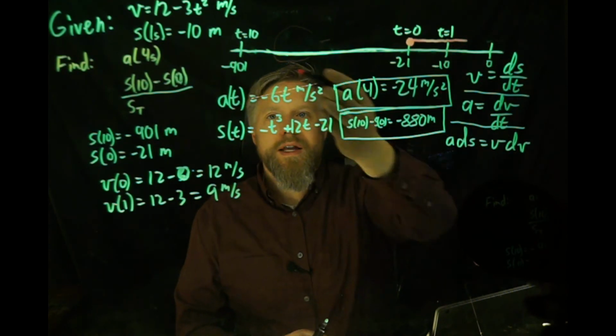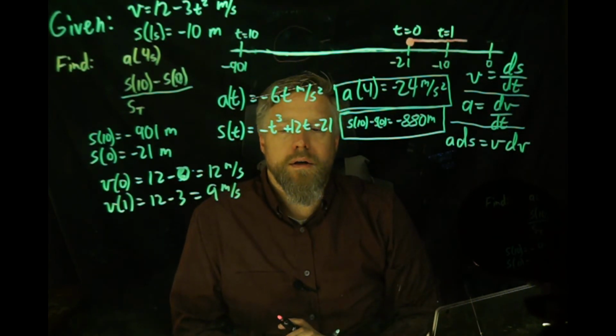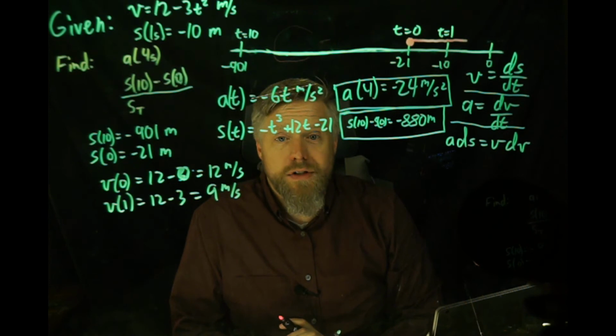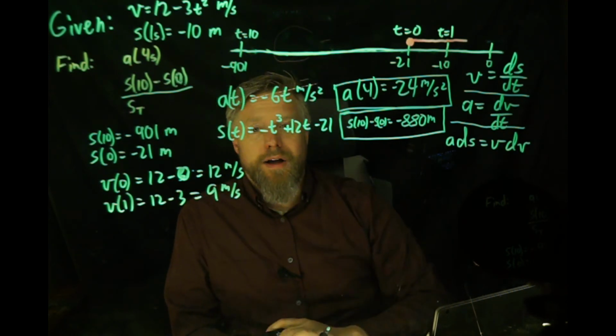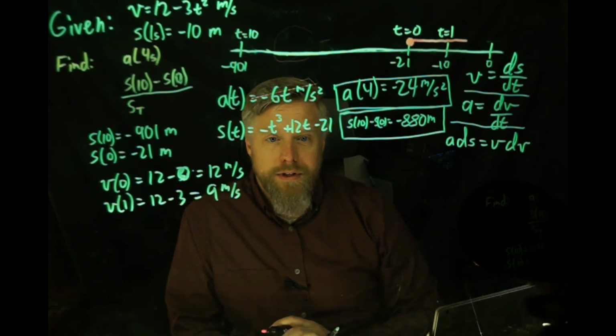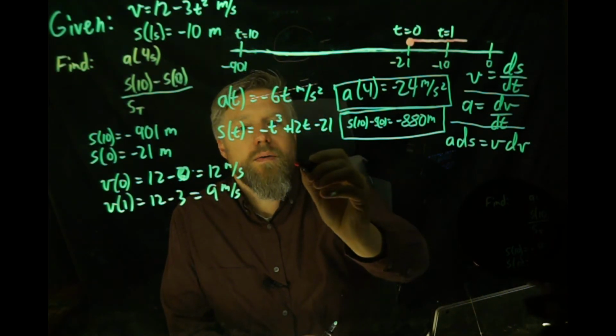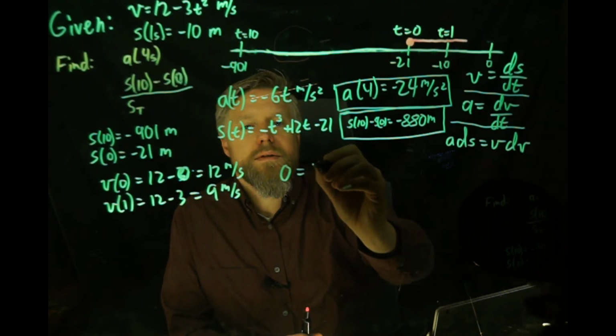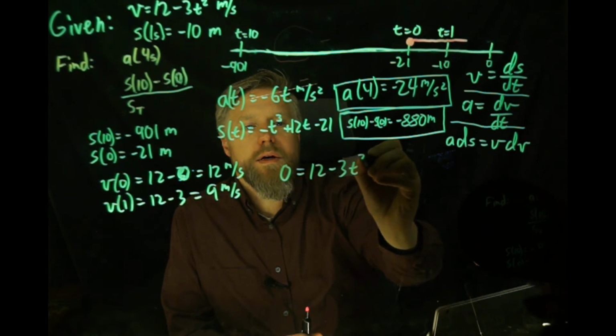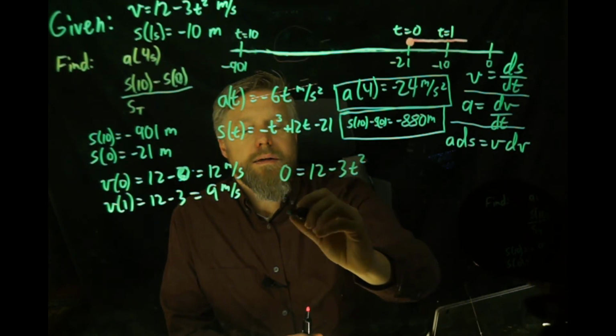How does it get way down to negative 901? Well, obviously it turns around, and what do you have to do before you turn around? You have to stop. So we got to figure out where it stops. Where would it stop? When its velocity is equal to 0. So we're going to use this velocity equation and say that 0 equals 12 minus 3t squared, and solve for t.